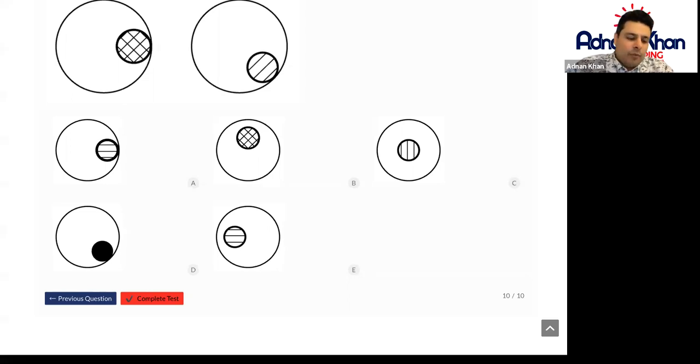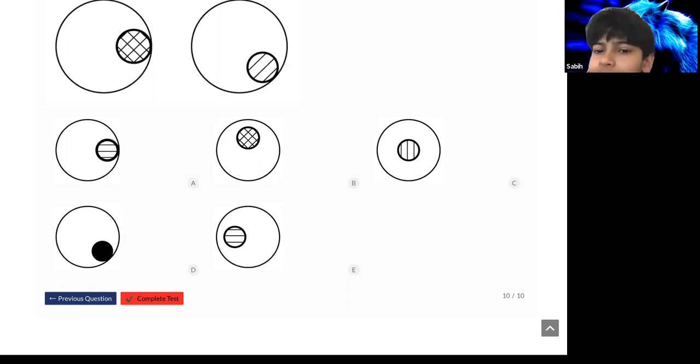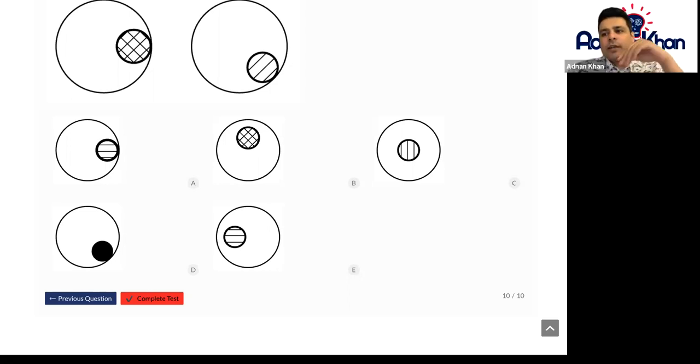So we have one large circle with a small bold shaded circle inside touching the edge. So the small circle inside is shaded, but it's touching the edge.